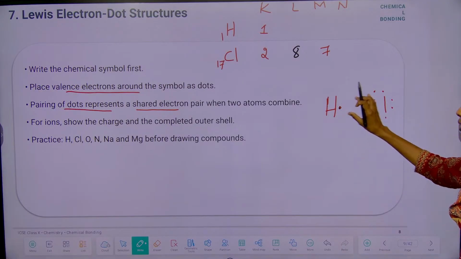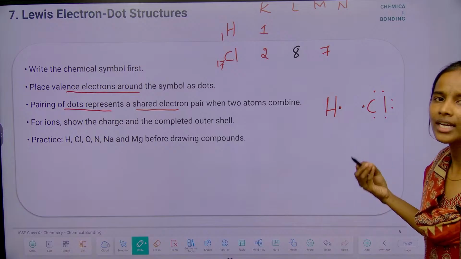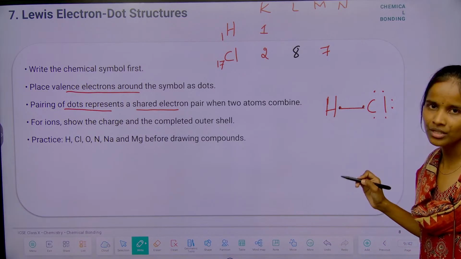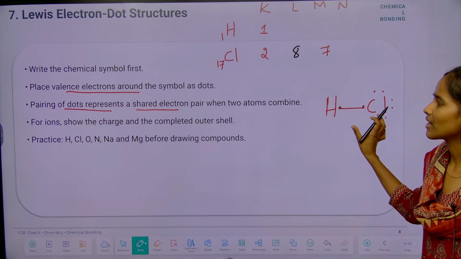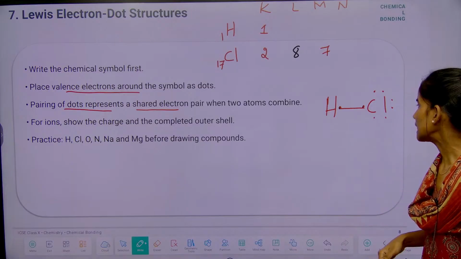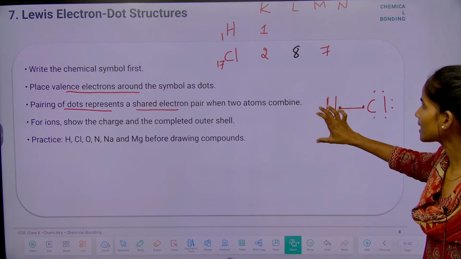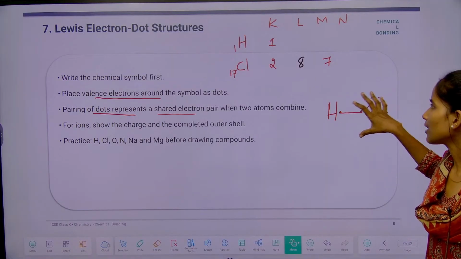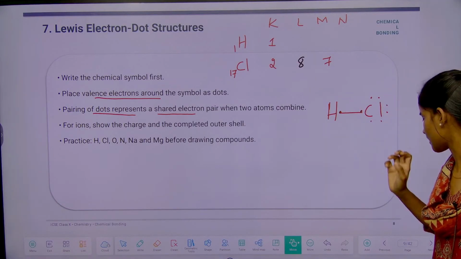Hydrogen and chlorine share these 2 electrons, one pair of electrons with each other, resulting in the formation of a covalent bond. Sharing of electrons we call a covalent bond. This is the Lewis dot structure for hydrochloric acid.